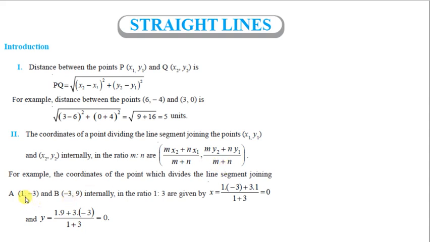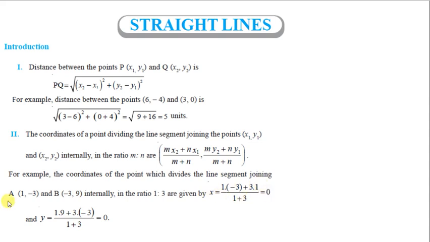Suppose we want to find the coordinates of a point which divides the line segment joining (1, -3) and (-3, 9) internally in the ratio 1:3. So this is m, this is n, and this is (x1, y1), this is (x2, y2). So it is given by x equal to m, that is 1, into x2, x2 is minus 3, plus n, which is 3 here, and x1, that is 1 here, divided by m plus n, that is 1 plus 3.